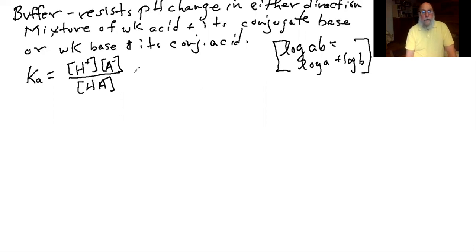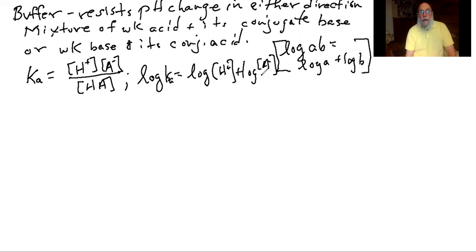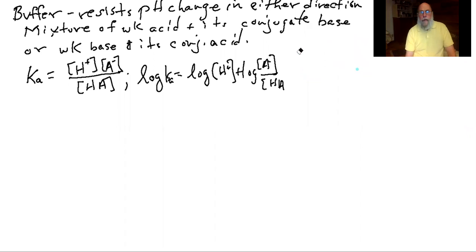In any case, so what we're going to do is we're going to say log of Ka is equal to the log of hydrogen ion concentration plus the log of A minus over HA. Let me neaten this up a little bit. Get rid of this now that you've got that in your head.